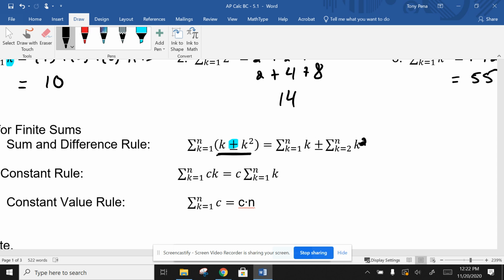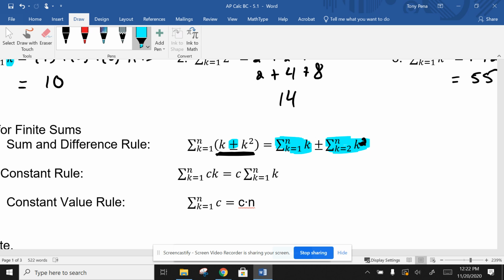So if I have a binomial and the two terms are being added together, we don't necessarily need to, but as we move throughout the course of this chapter and later chapters, there are going to be opportunities where we want to do this. We could just split that into two separate sums. Find the sum of the k, find the sum of k squared, and then whatever those individual sums are, you would then add together or subtract, whichever the sign would have been.